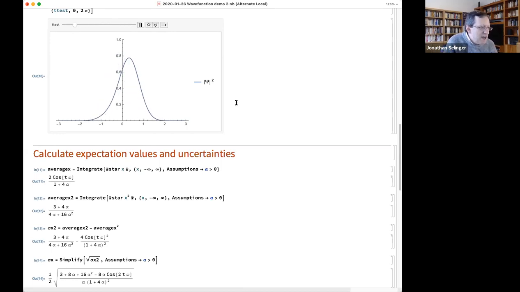What else can I say about this? Certainly we have things that depend on time. The average x depends on time, so it stands to reason there must be some velocity embedded in here.